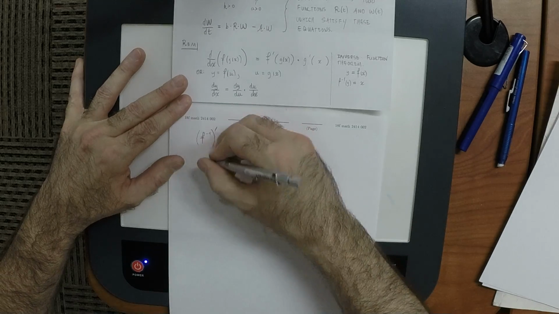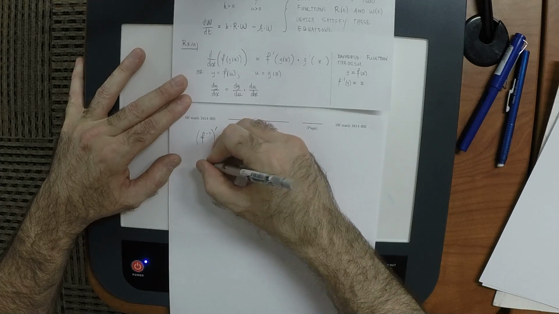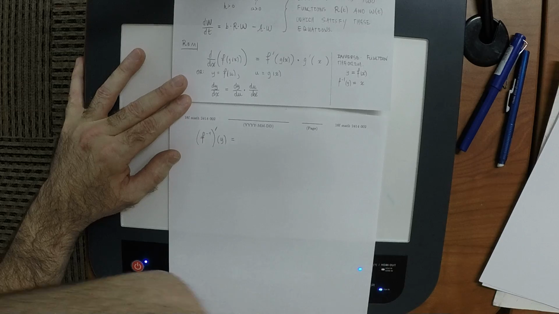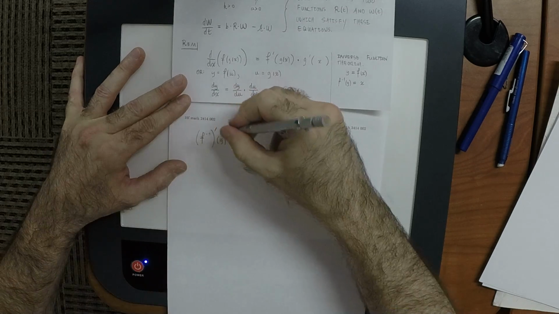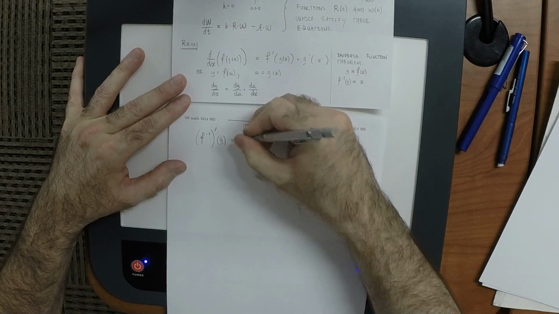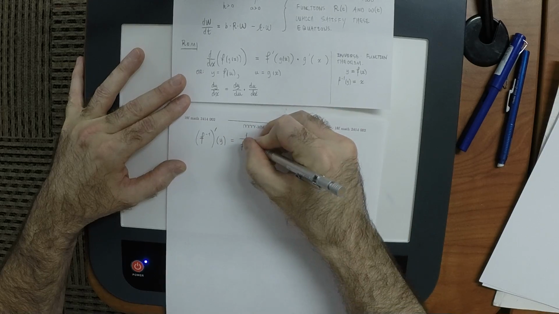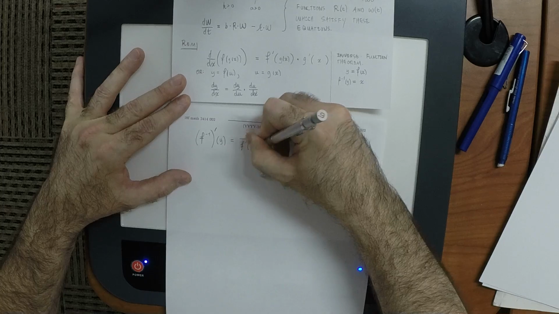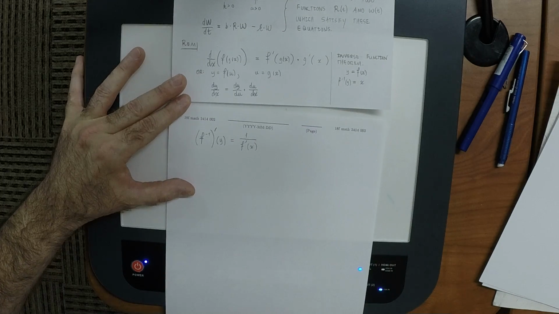Well, okay, then let's just do it. What is it? Yeah? Very good. So it's 1 over the derivative of the original function, evaluated at x. Huh, that's interesting.